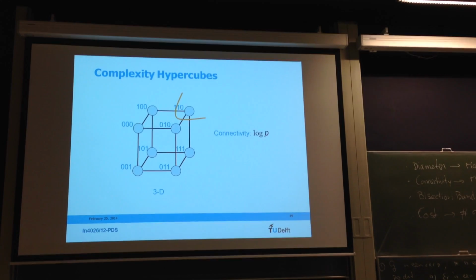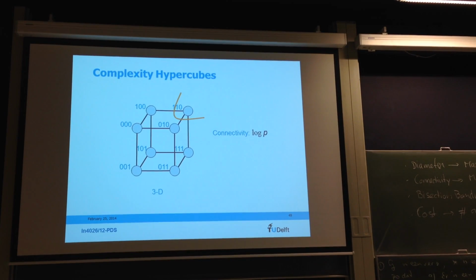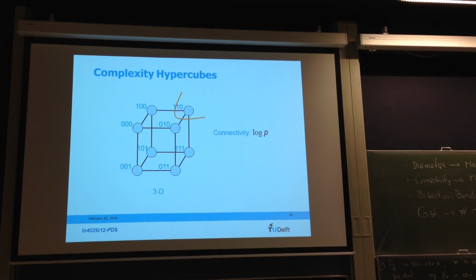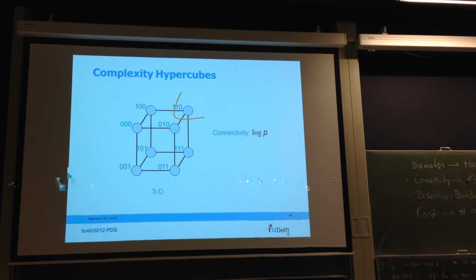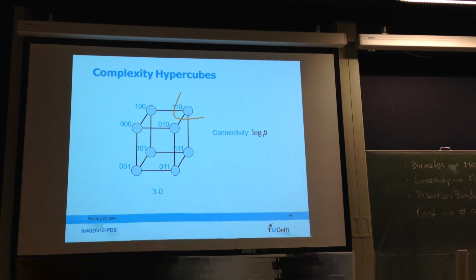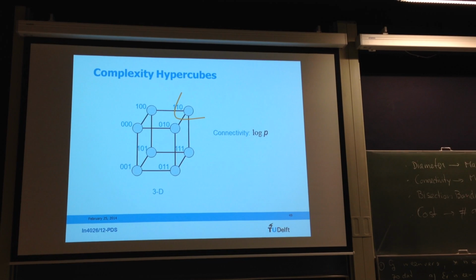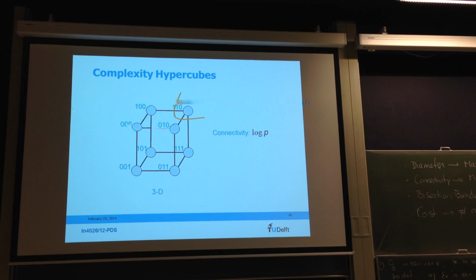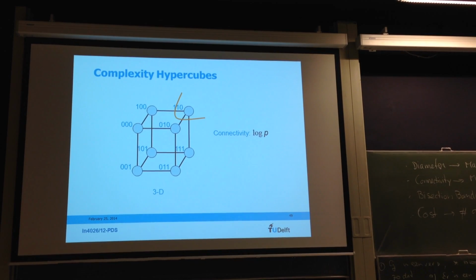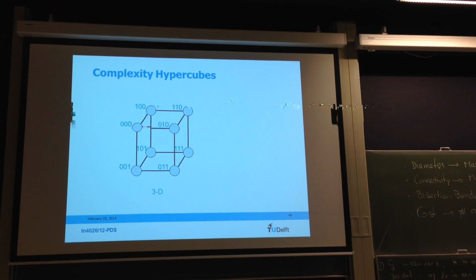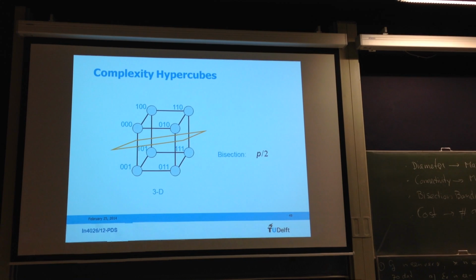Now the bisection bandwidth. It's actually relatively easy to derive if you remember one of the properties of these hypercubes. It doubles, yeah. 2 to the power, the number of dimensions minus 1. But it's not true.